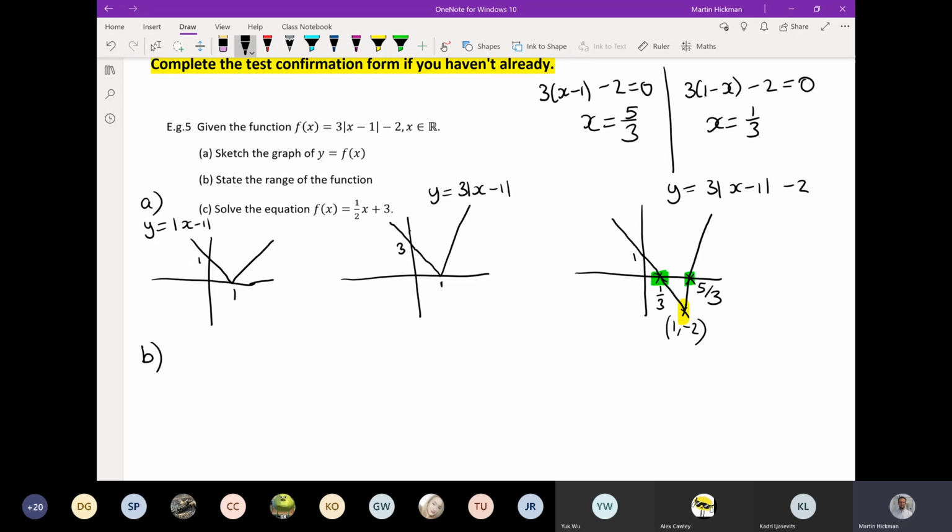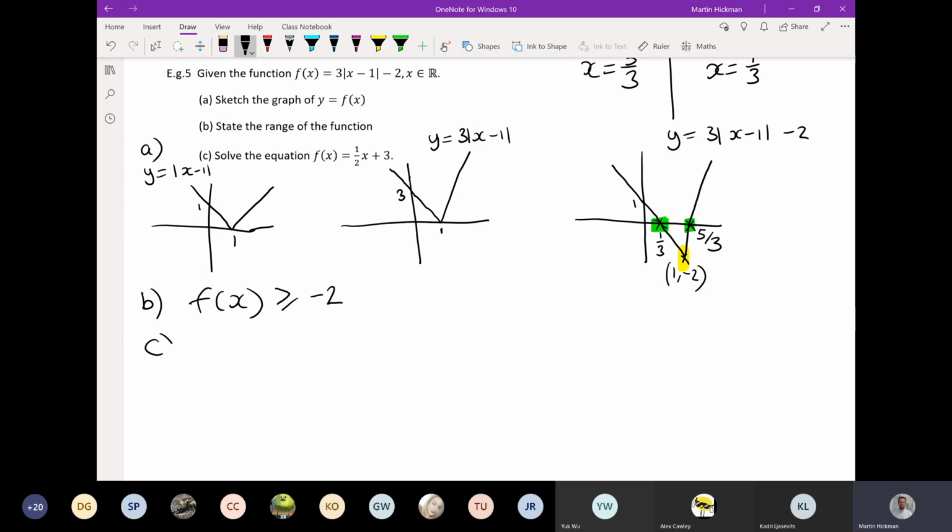So the range is simply f of x greater than or equal to negative 2. The smallest value of y is negative 2, so if you look at the graph, it's only ever getting bigger than that. When you've got the sketch, you've got all the key points shown on there, it's nice and easy to see.